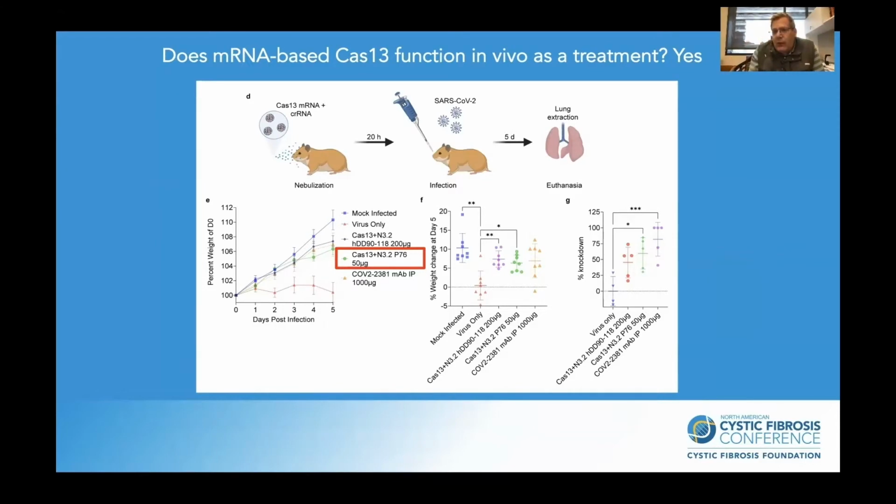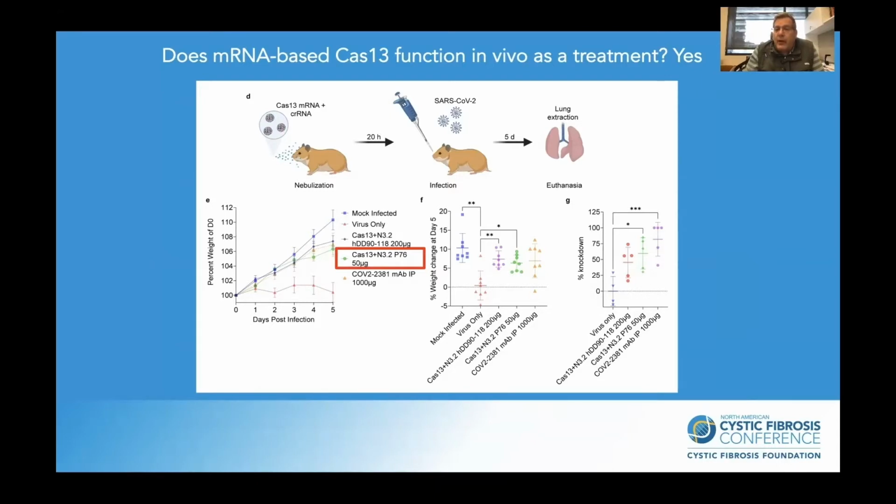And one of the things that we found was that our Cas13-based drug at the lowest dose, 50 micrograms, compared extremely well with IP antibody. So we had 20 times lower the dose. This was administered by nebulization as opposed to IP. And we were able to basically have the animals recover just as well as the IP antibody.